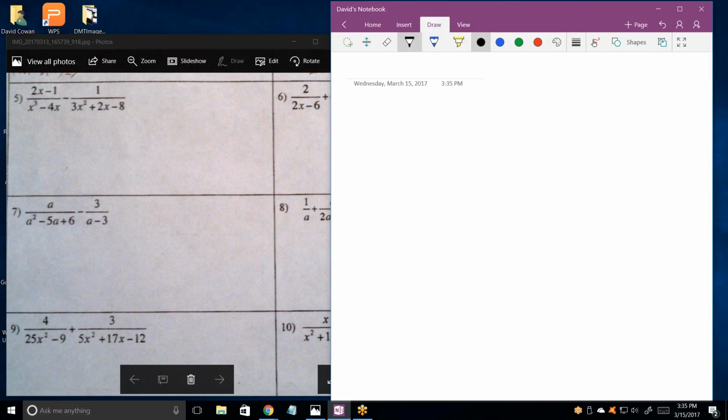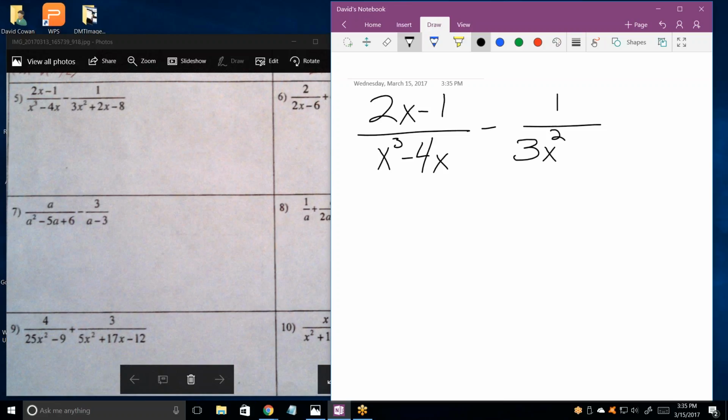Okay, when you get a problem like this, you can be pretty sure that a least common denominator is going to have something to do with these two denominators that we're looking at. In other words, they're not going to give you something that wouldn't make any rhyme or reason. And the key to these is usually factoring.